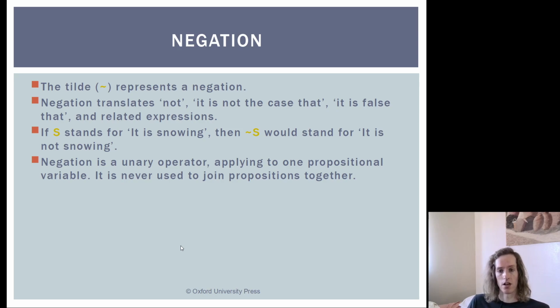Because if S is true, then not S is going to be false. And if S is false, then not S is going to be true. We'll talk about this more in the future. But when there's an operator on a variable, the operator is a sort of higher level instance of a truth value that we care about. We can get to that truth value if we know what the variable's truth values are. We can determine what the truth value of the operators themselves are going to be, but something to keep in mind.